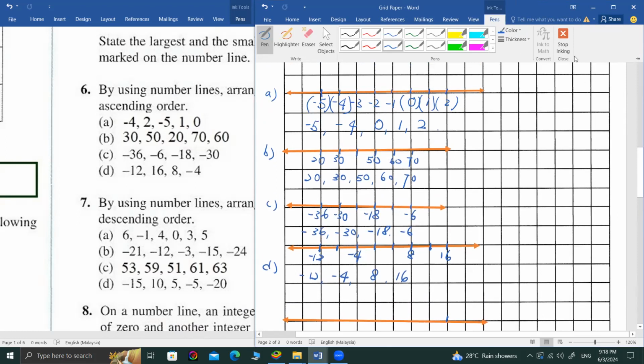Okay. So for number 6, is it okay? You can check what I have done there. Any of you still need my solution for number 6?